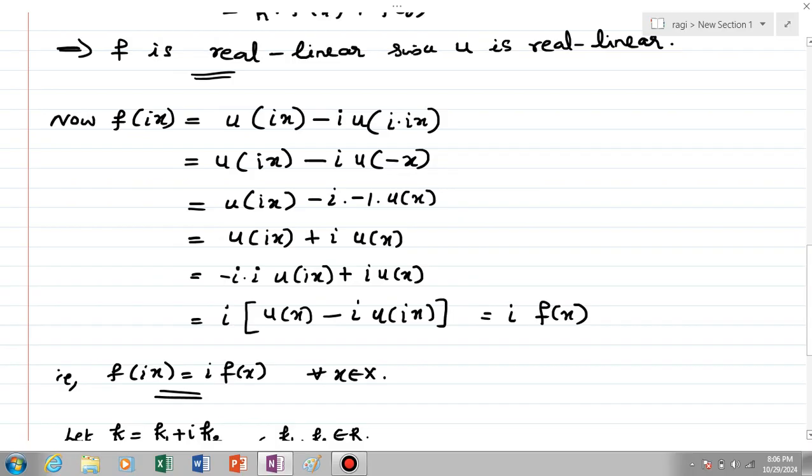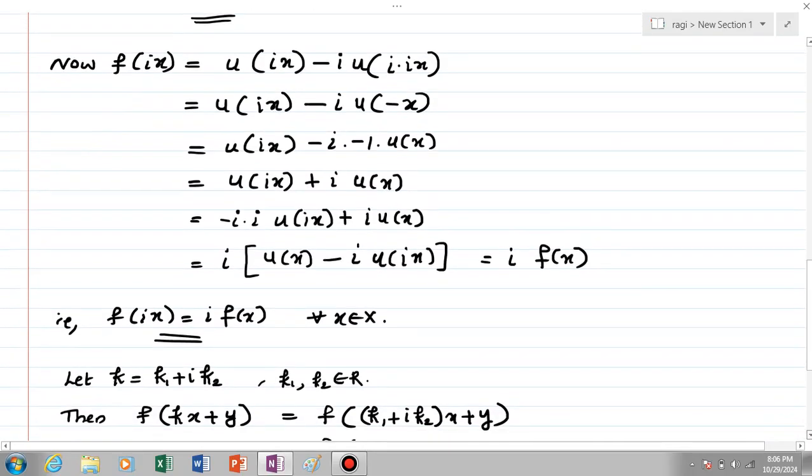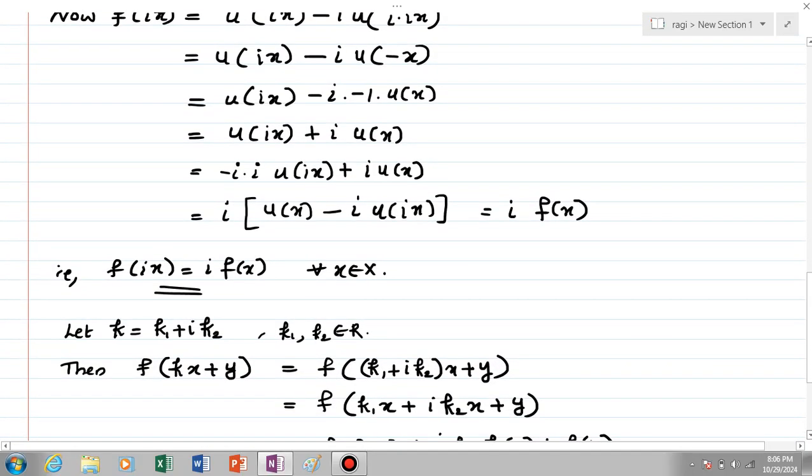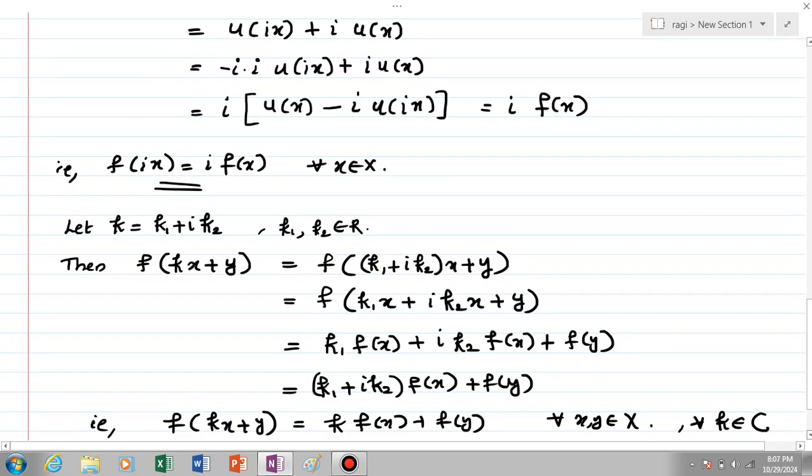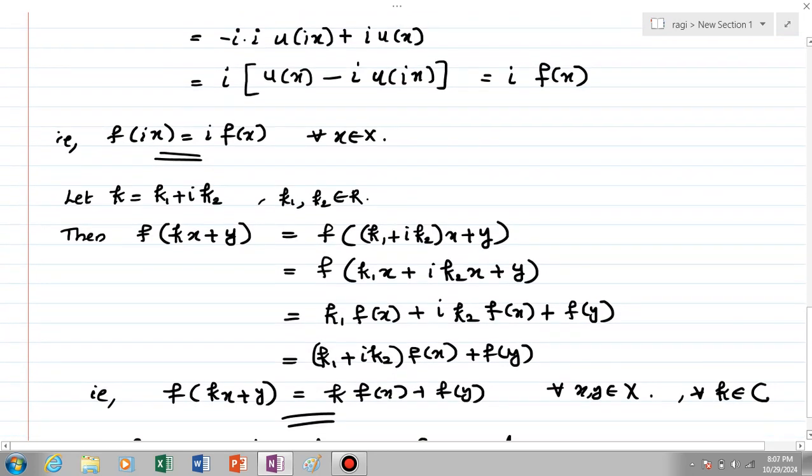So f of ix is equal to i into f of x for every x element of X. And using these two facts, that f is real linear and f of ix is equal to i into f of x, we can see that for any complex constant k, f of kx plus y is equal to k into f of x plus f of y. That is, f is complex linear also.